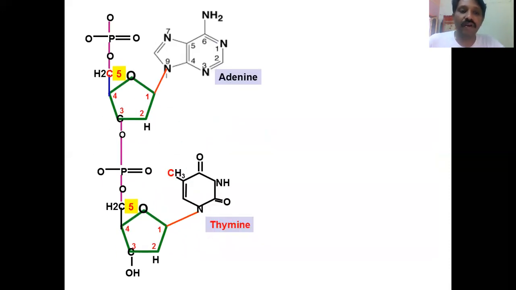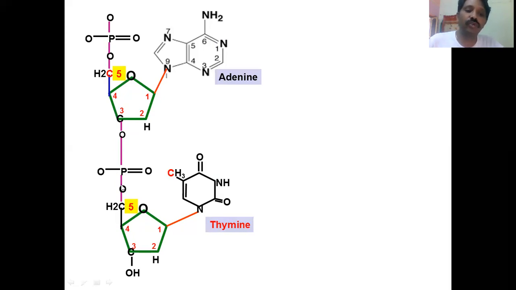As you are all aware, polynucleotides are connected by a bond called the phosphodiester bond. You see, this is the adenine, which is connected to the ribose and phosphate. This is a nucleotide. It is connected to the other nucleotide, like thymine, ribose, and so on, through the phosphodiester bond. An ester bond is C-O-P.